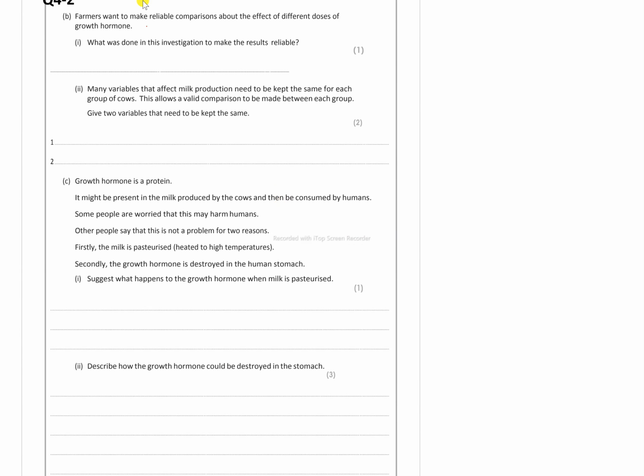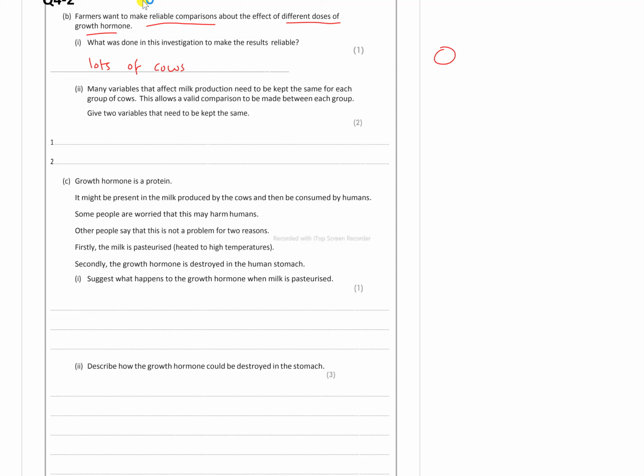Farmers want to make reliable comparisons about the effect of different doses of growth hormone. What was done in this investigation to make the results reliable? So what they used was lots of cows.